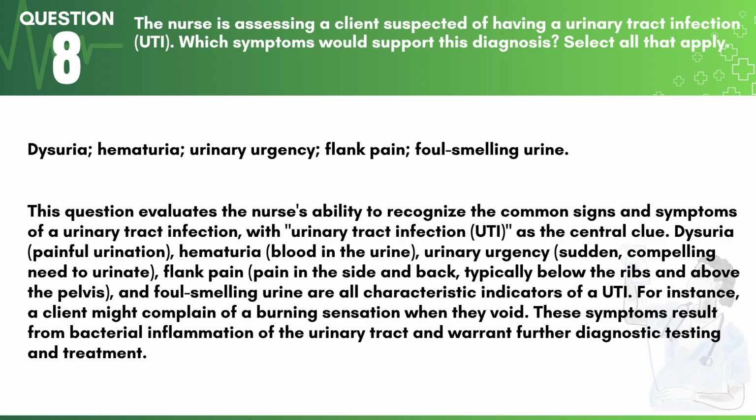Dysuria, painful urination, hematuria, blood in the urine, urinary urgency, sudden, compelling need to urinate, flank pain, pain in the side and back, typically below the ribs and above the pelvis, and foul-smelling urine are all characteristic indicators of a UTI. For instance, a client might complain of a burning sensation when they void. These symptoms result from bacterial inflammation of the urinary tract and warrant further diagnostic testing and treatment.